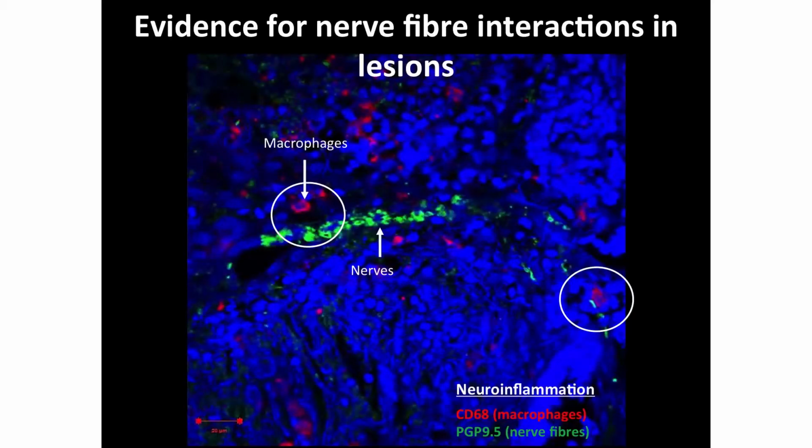I already showed this image earlier on, showing that macrophages and nerve fibres are in close association in lesions, indicating the potential for neuroinflammatory interactions. The work that I do focuses on macrophages and how they might be involved in promoting nerve ingrowth into lesions and activation of the nerve fibres.